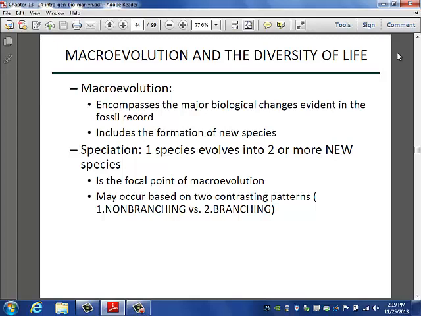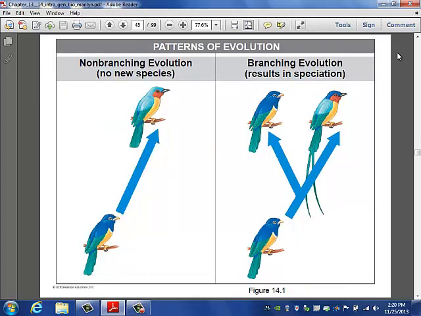Speciation, one species evolving into 2 or more new species, is the focal point of macroevolution, and may occur based on 2 contrasting patterns. One is called non-branching, and the other is called branching. So we see lots and lots of changes occurring in different species when we see isolation.